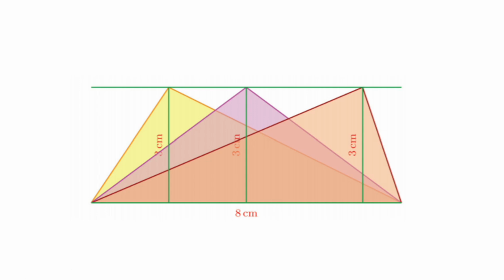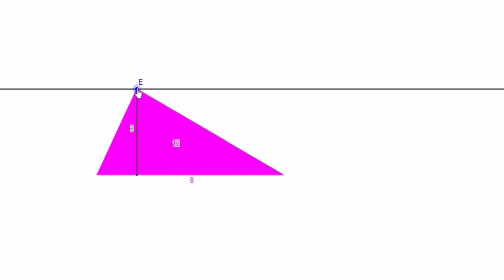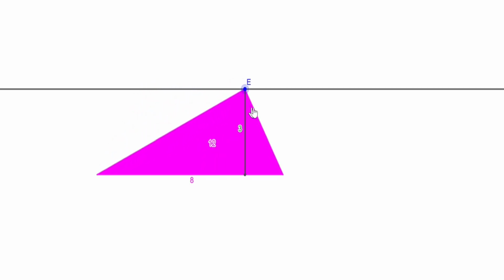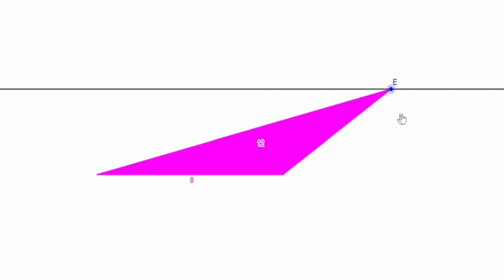Let us see this once again. Here I am going to take triangles with base 8 and area 12. Let us look at the third vertex E. Let me change it. Everywhere the area and base are same. So where is E?